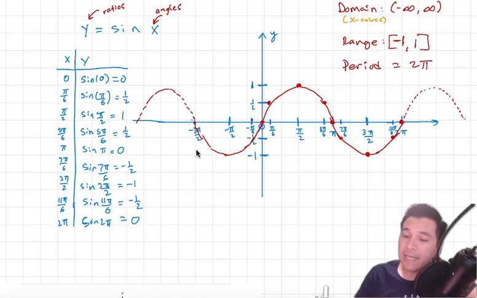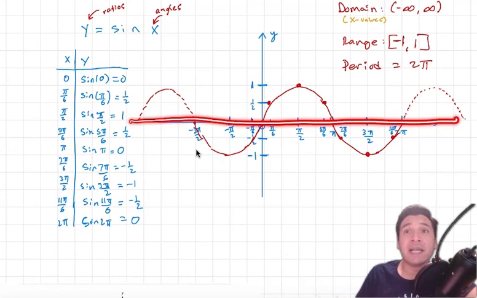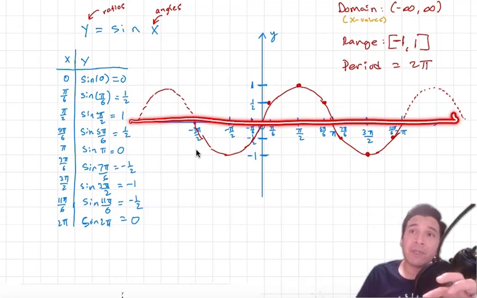So now the last thing I want to talk about here is the amplitude. The amplitude is the distance from your midline. In this case, your midline would be the x-axis here, because you can see it divides the graph in half. And the amplitude is the distance from the midline to the peak, or the midline to the valley, or the minimum. So you can say the midline to the max or the midline to the min.